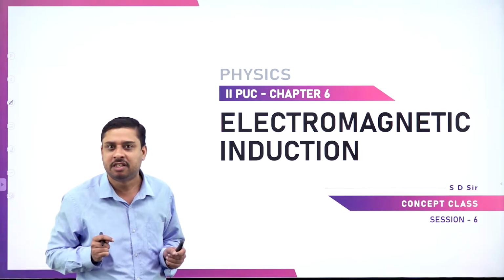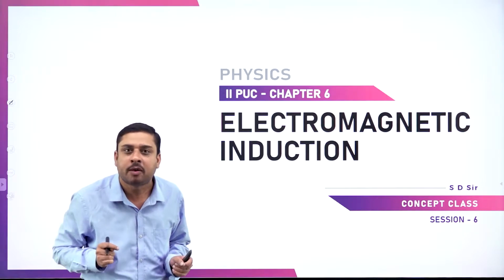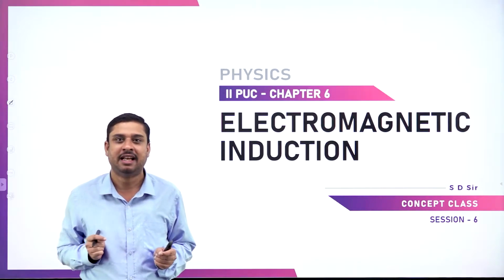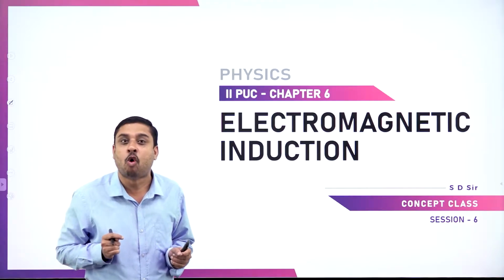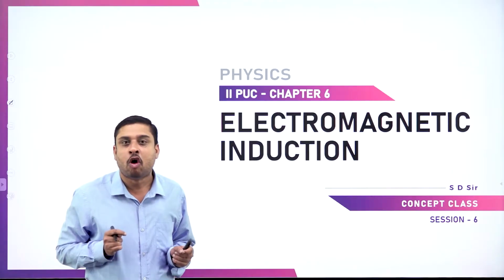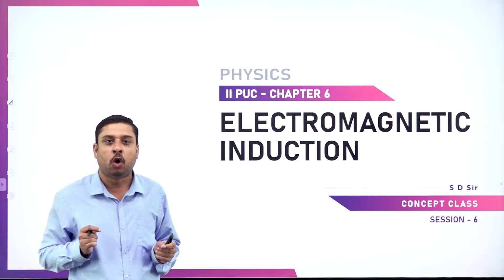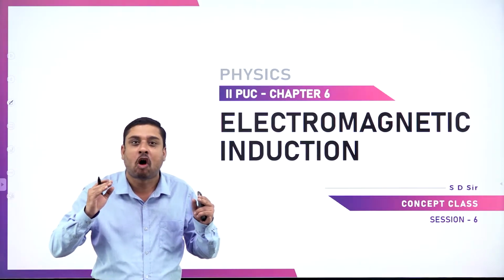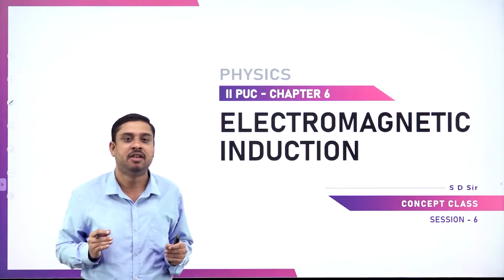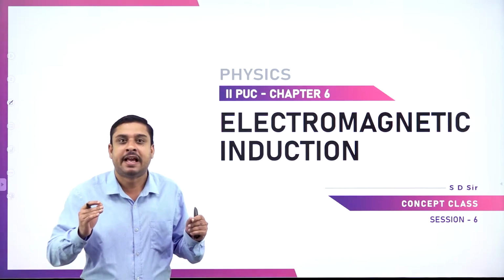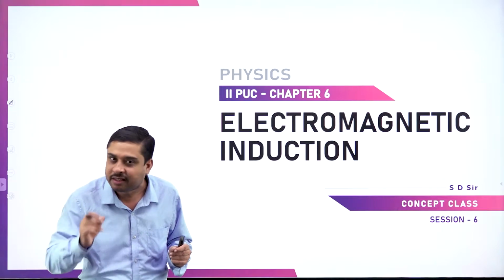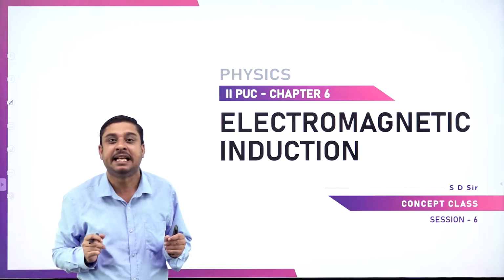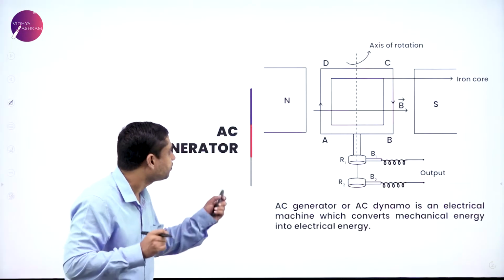We also understood the different norms and concepts associated with the coefficient of mutual induction. So, keeping these concepts in mind, today we will understand something called an AC generator.